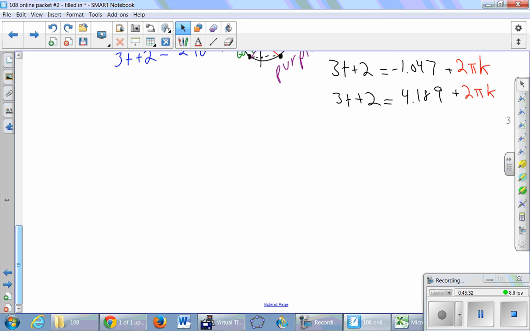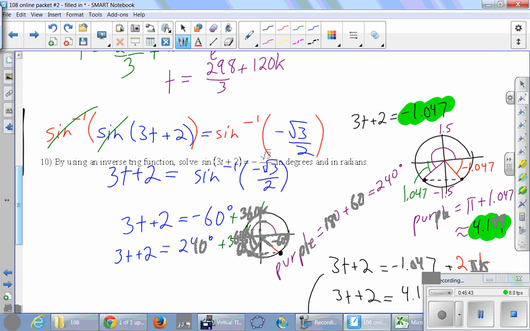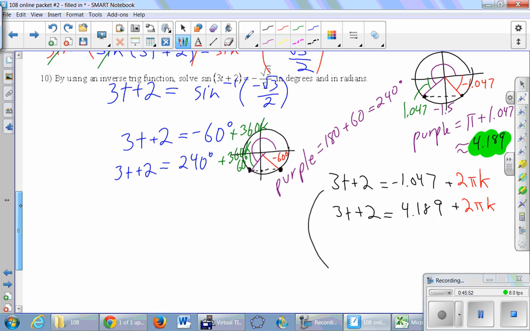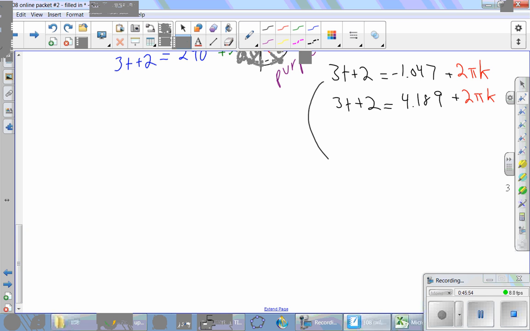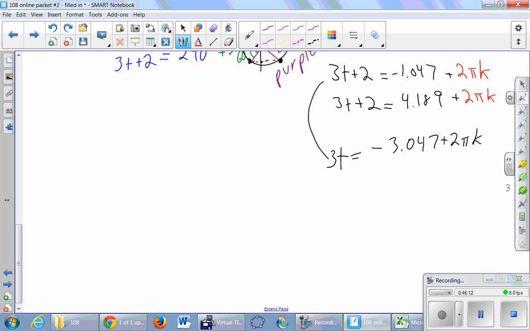So we're going to subtract 2 and then divide by 3. Okay, so we get t equals, all right, so subtract 2 from both sides. So negative 1.047 subtract 2 is, well, we'll just say 3t equals negative 3.047 plus 2 pi k, and then divide everything by 3.